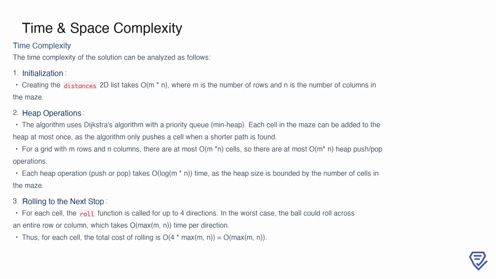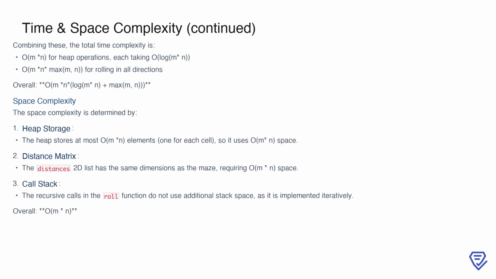Finally, we account for the roll function, which processes up to 4 directions for each cell. In the worst case, the ball can roll all the way across a row or column, resulting in O(max(m, n)) time per direction. Thus, the total cost of rolling for each cell is 4 times max(m, n), which simplifies to O(max(m, n)). Now, combining all these components, the total time complexity is calculated as follows.